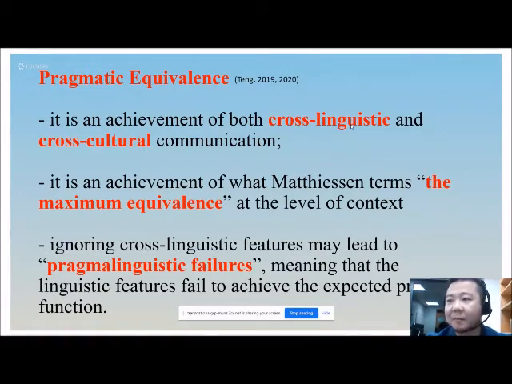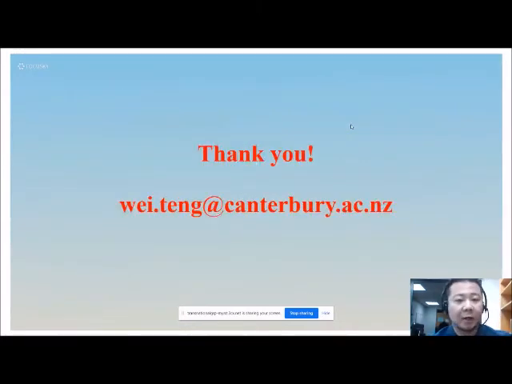That intent can be delivered through not just choice of words, but also structure, and of course also the tone in an utterance. I'm not sure how much time I've taken, but that's what I want to share with you today.